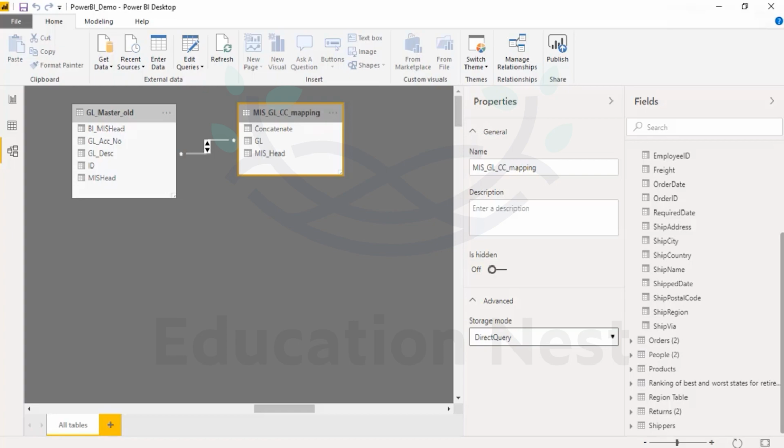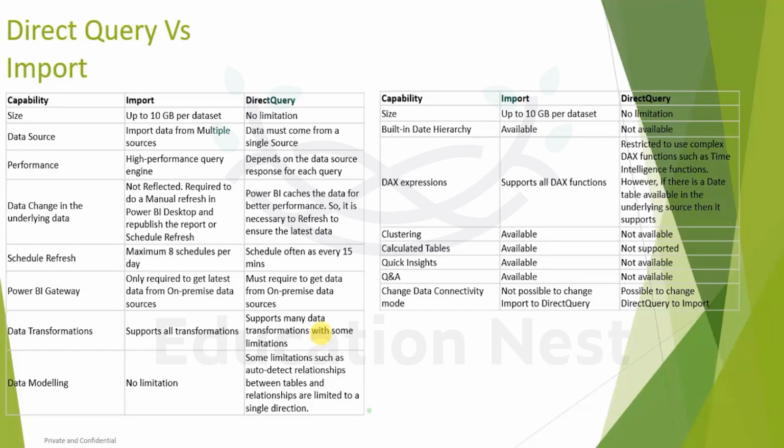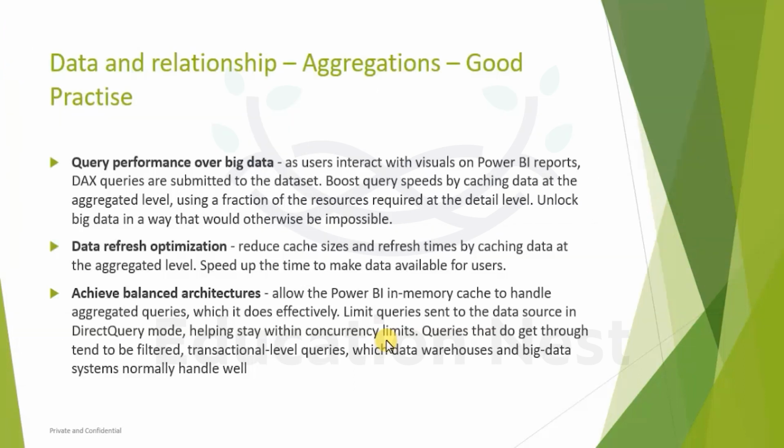Now moving on, what do we have next? We are through with this direct query versus import. We are very clear what we did today. Now some good practices: data and relationship. Query performance over big data. So it is more like, do you want to use direct query or do you want to use import? So as users interact with visuals on Power BI reports, DAX queries are submitted to the dataset.